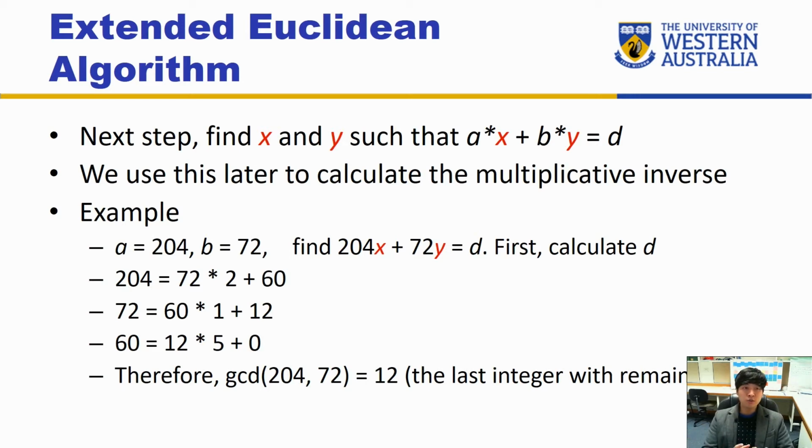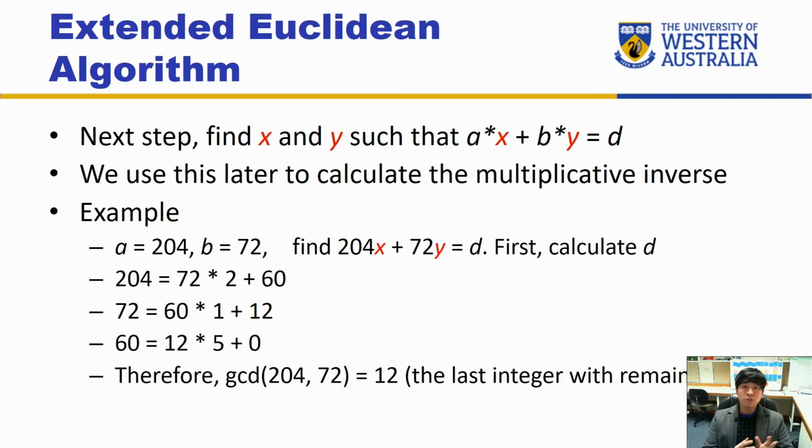Here, the values x and y are not necessarily positive, they can be negative, and always one or the other is a negative value. So for example, if a equals 204 and b equals 72, then what we want to find is 204x plus 72y, which equals d. The first thing is to calculate d.